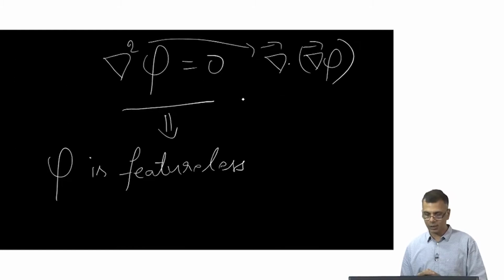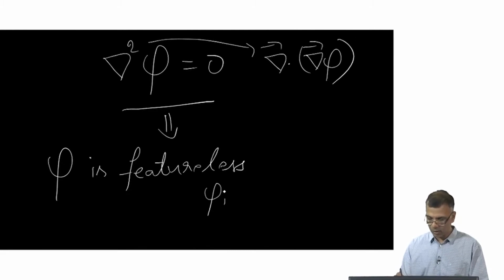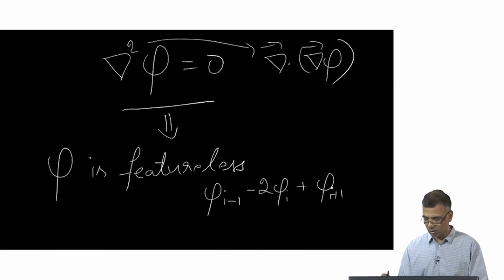One way of understanding this is by discretizing it. Say in just one dimension you discretize this second derivative. How does it look? It looks something like phi I minus 1 minus 2 phi I plus phi I plus 1, over either 2 delta x or delta x.